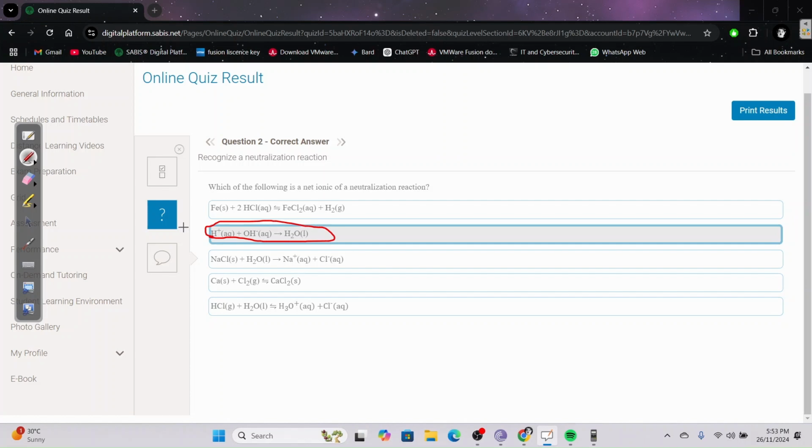And this is obviously a neutralization reaction, because what's the definition of an acid? If it has H plus, that's an acid. If it has OH minus, it's a base. So here we have both. Now they might give it to you as KOH plus HCl, which would make H2O and KCl.